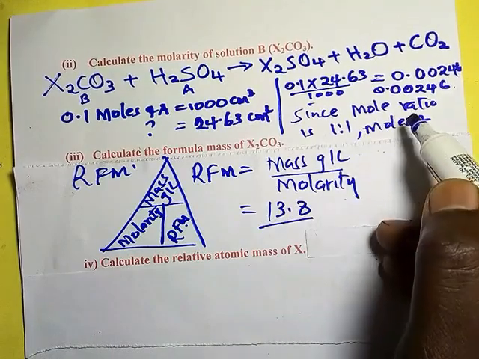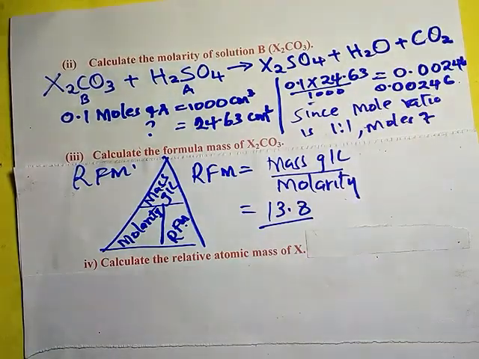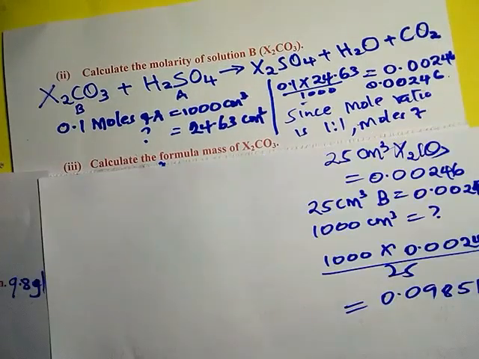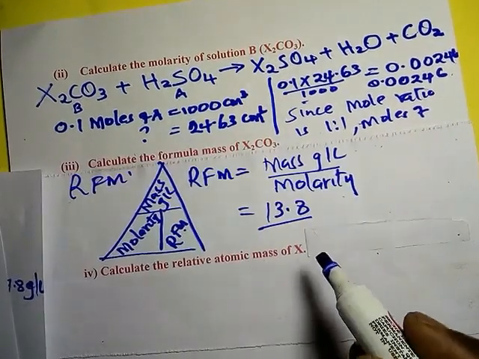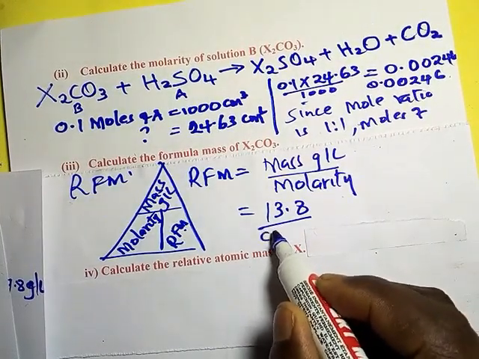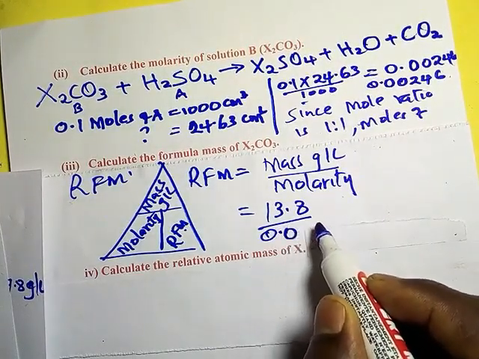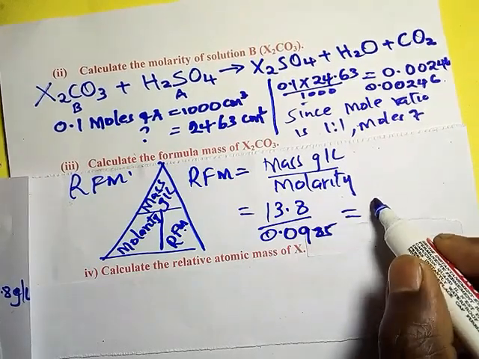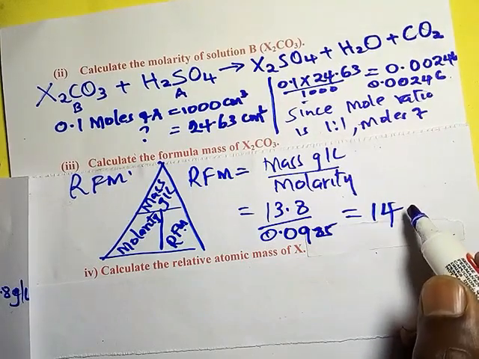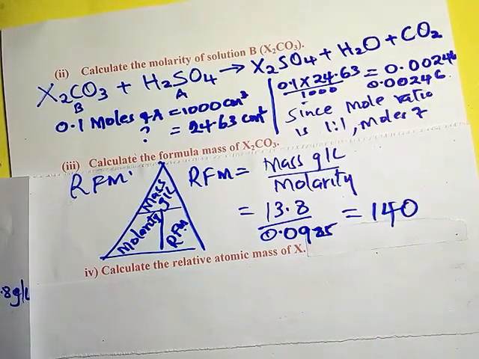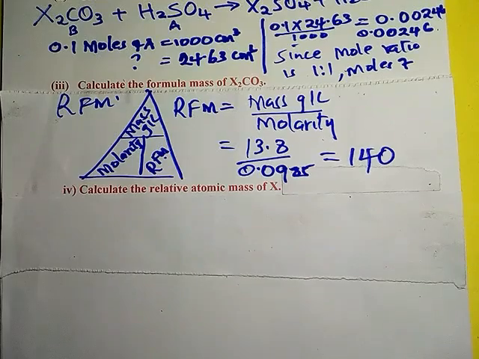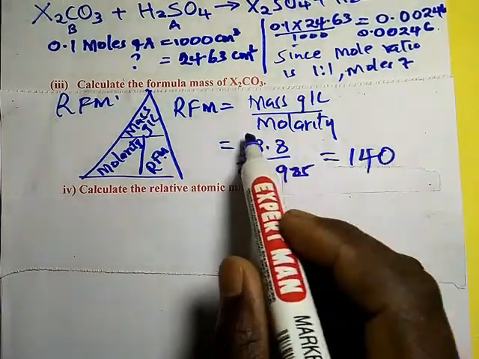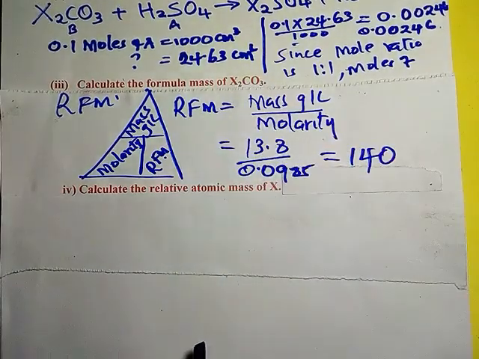Molarity we have here, the one we calculated, which is 0.0985. So 13.8 divided by 0.0985 will give us 140. And that is the RFM of the X carbonate.